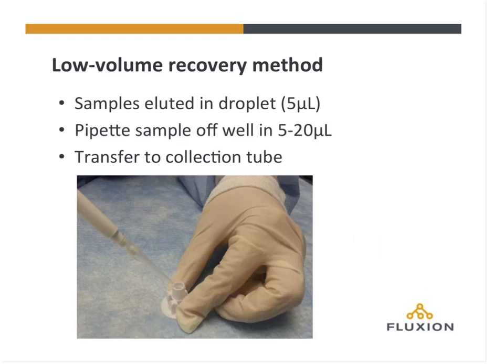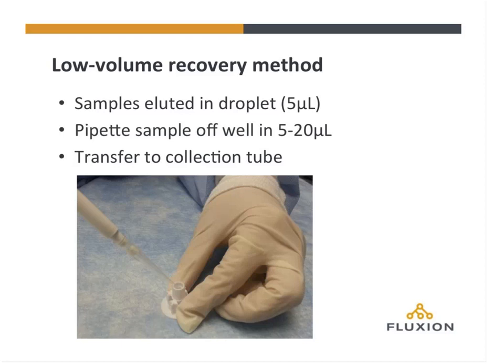So we'll take a closer look at that method now. The cell spot cap is actually inserted by the instrument into a plastic holder that we call the low volume recovery holder, and that's what you're seeing in the photo below. The cap is actually plugged in from the underside of that white plastic recovery holder. So after the processing, the holder is simply placed on the bench, and the user can recover the CTCs with a pipette.